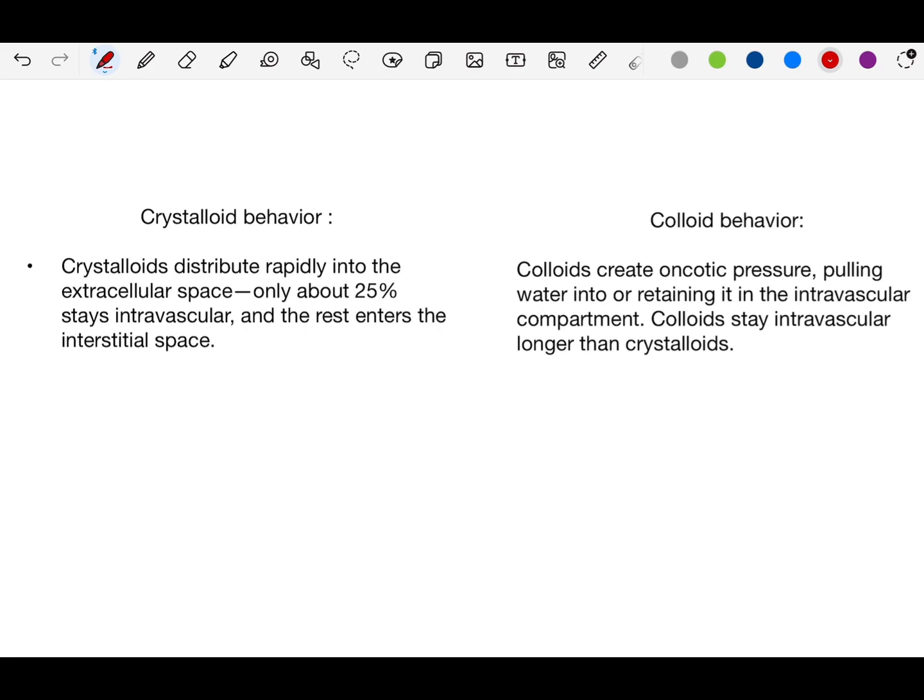And because that colloid creates oncotic pressure, hypothetically, increasing the oncotic pressure inside of a vessel will cause fluid to move into the intravascular space via osmosis. So again, crystalloid, small, and because of that, it can kind of go everywhere. Colloid, big, stays intravascular and theoretically pulls fluid into that intravascular space.